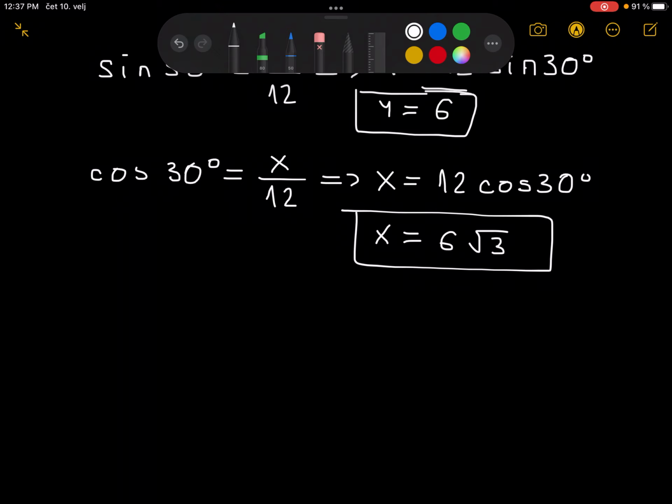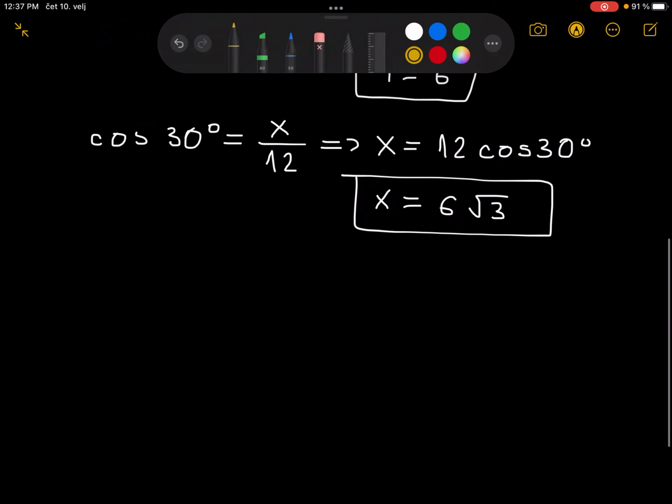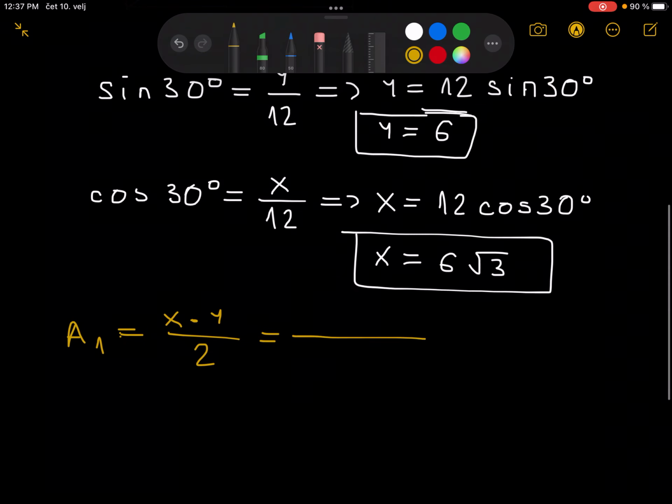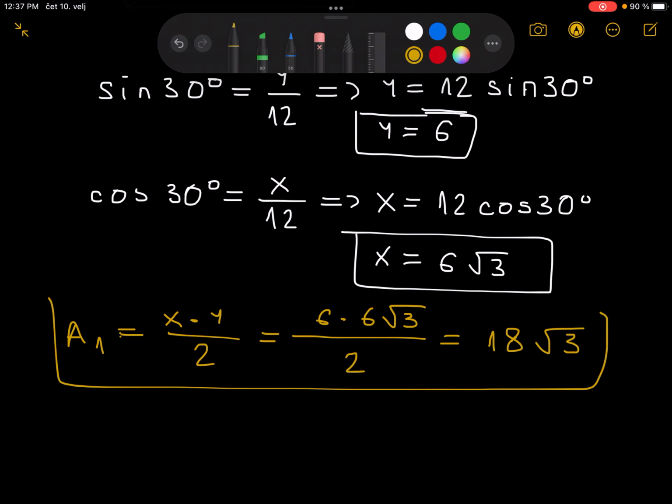So I'm just going to mark that as area 1, equal to x times y over 2. So that's going to be 6 times 6 square root of 3 over 2, which is equal to 18 square root 3. Okay, that's one part of our answer.